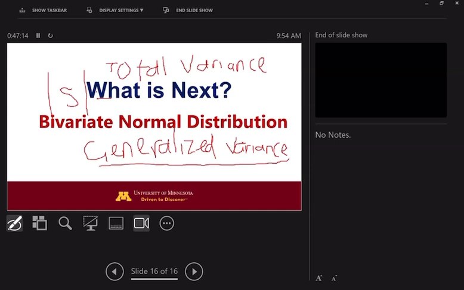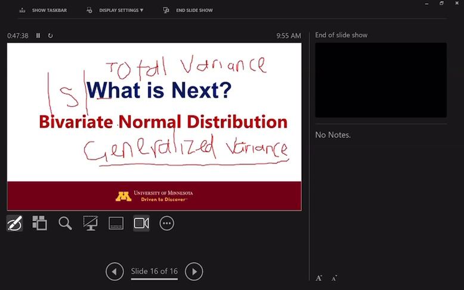Does that make sense? Now you understand the difference between a total variance and a generalized variance. We call it generalized variance, the volume of the confidence ellipsoid, the ellipsoid in the way the data is being distributed.